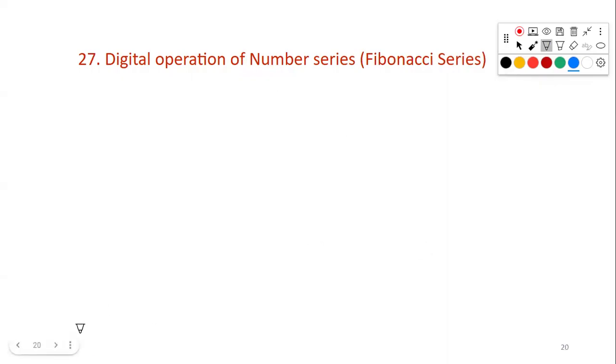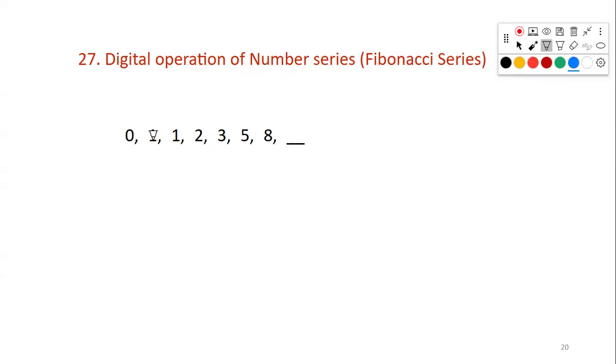Fibonacci series. So hope you all know what is Fibonacci series. Just adding the previous two numbers. You start with any two numbers you can get started. Keep adding the previous two numbers. So 0, 1 is the starting.